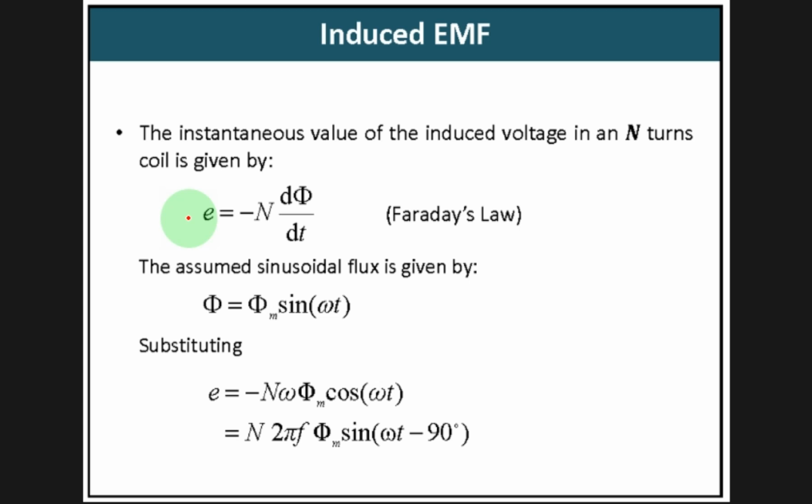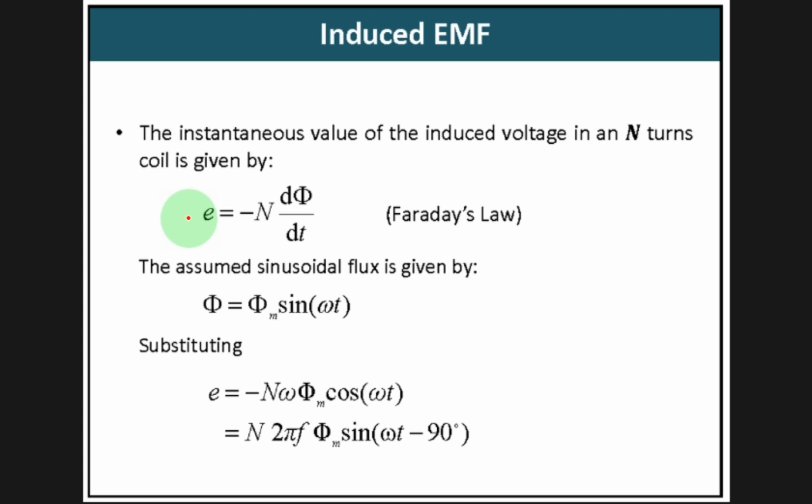The flux is again sinusoidal, therefore we can assume it as phi m sin omega t. If we substitute it in this equation, E equals minus N d phi by dt, we have to differentiate this by t, then you get phi m omega cos omega t.